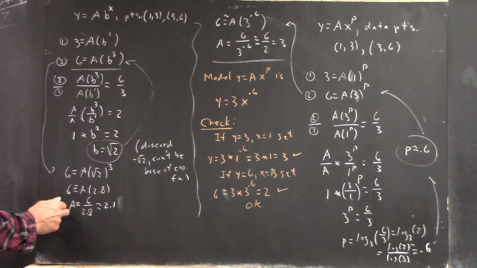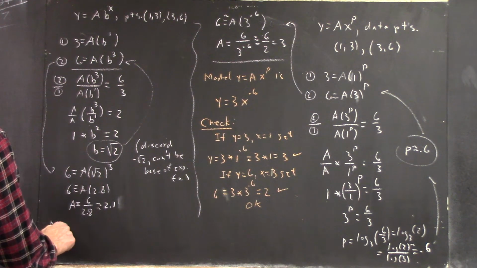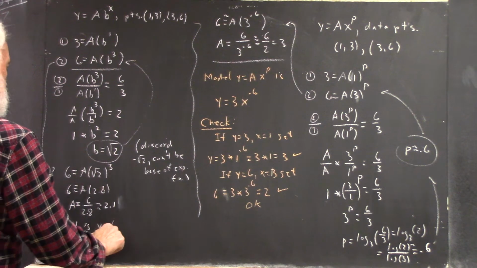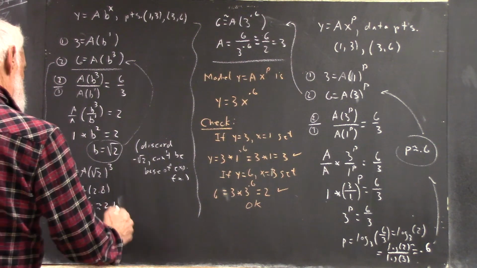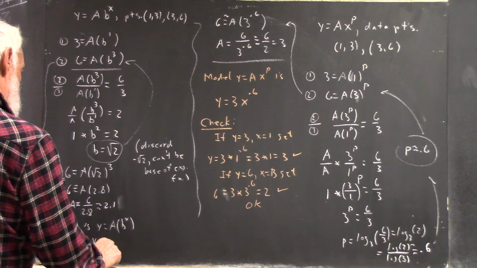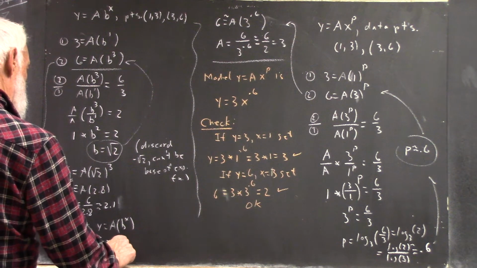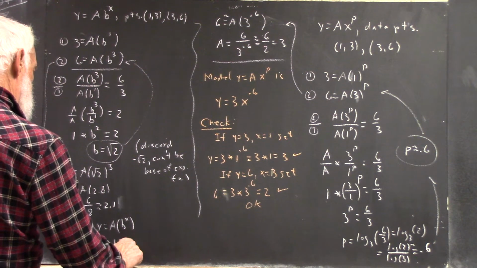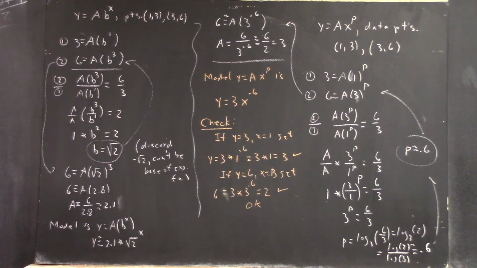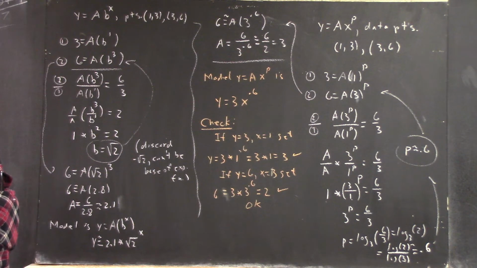So we have a equals this, we have b equals this, so the model is approximately 2.1 times square root of 2 to the x.